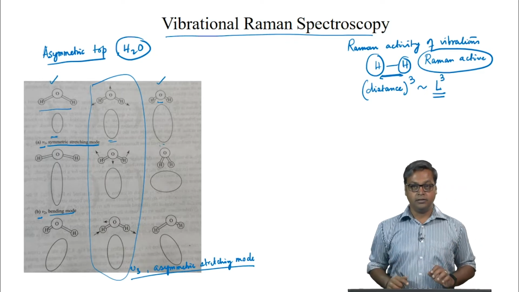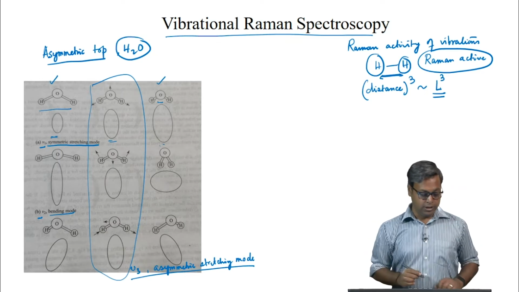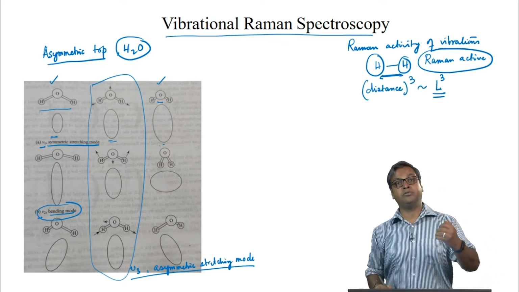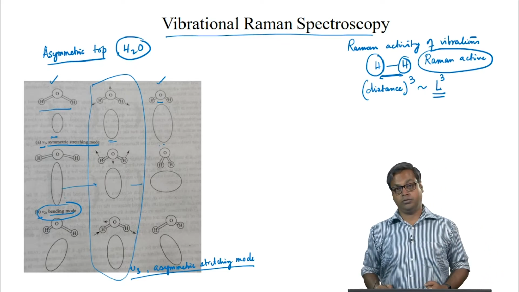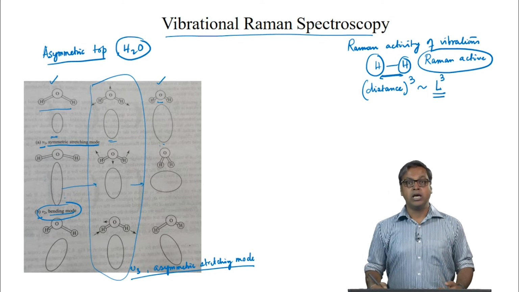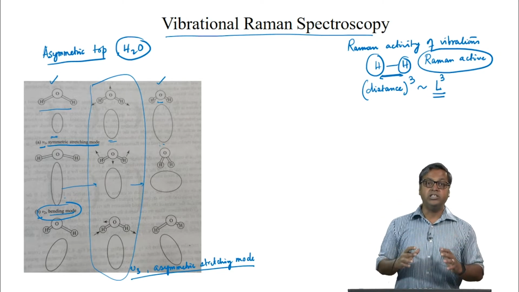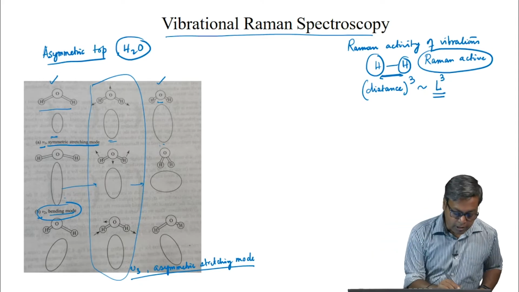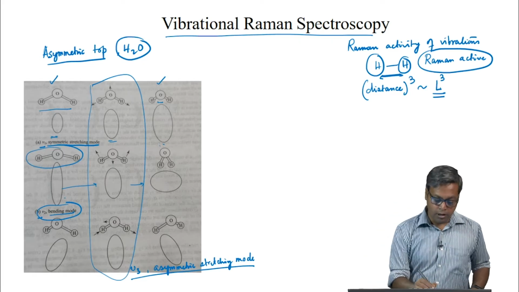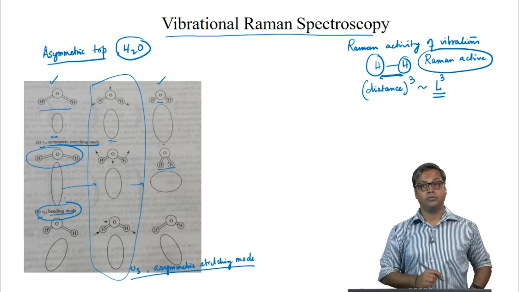On the other hand, during the bending motion, that is for nu 2, it is the shape of the ellipsoid that changes the most. For large amplitude vibrations, the molecule changes from almost linear configuration to that of a diatomic molecule.